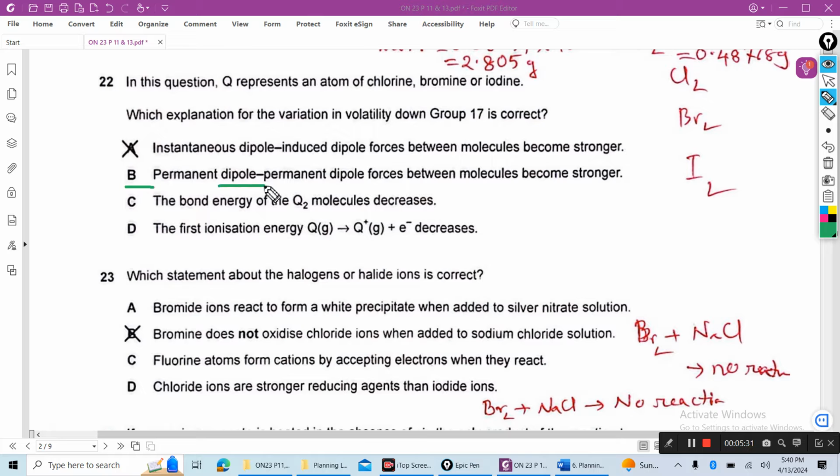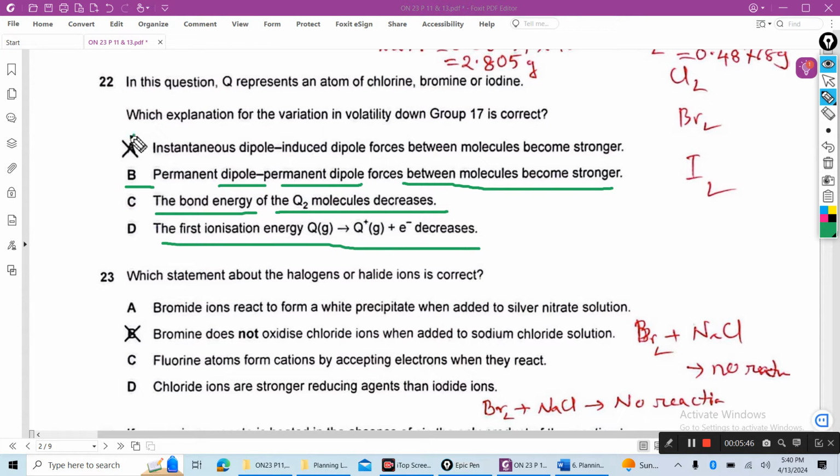B is wrong: permanent dipole forces between molecules become stronger, no, this is wrong. The bond energy of Q molecule decreases. So the answer depends on volatility, so their ID forces increase.